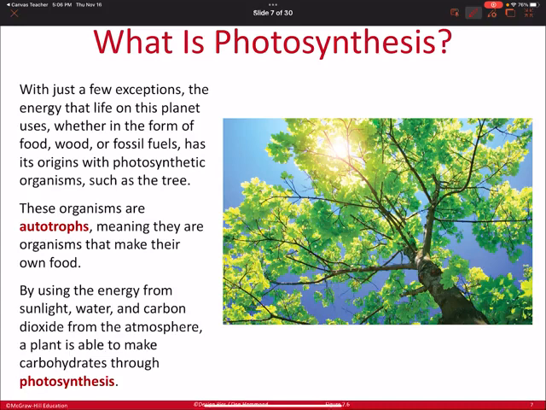Well, photosynthesis is one of the major ways that carbon dioxide gets pulled out of the atmosphere. Plants do photosynthesis, bacteria do photosynthesis, and anything that's an autotroph, where auto means self and troph means feeder, can make its own food. The reason they can make their own food is they take carbon dioxide from the atmosphere into a cell organelle like a chloroplast.